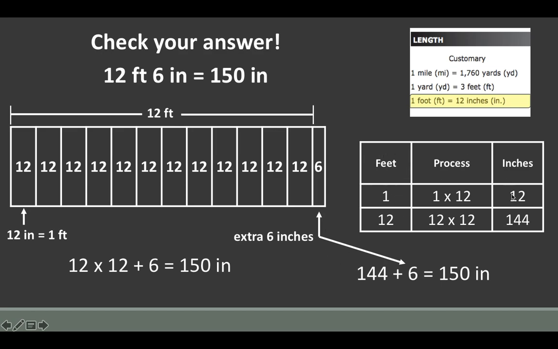With our input-output table, 1 foot equals 12 inches. So 12 feet equals 144 inches. But you have to remember to go back and add in that extra 6 inches, which is how we take the 144 inches in the 12 feet, add in the extra 6 inches to equal 150 inches.